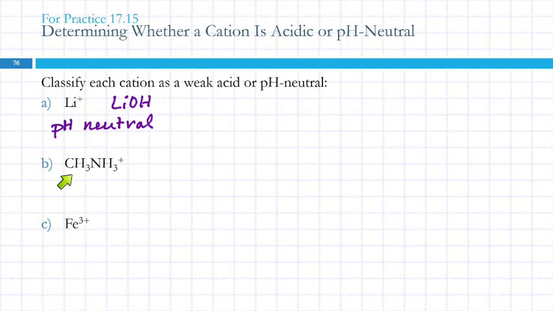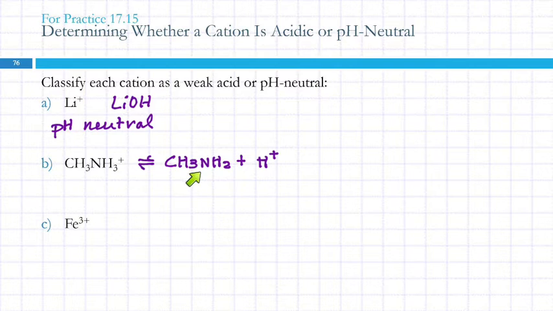How about this one? CH3NH3+. Well, could we take a hydrogen off of that? Yeah, we could. So this is acting as an acid.